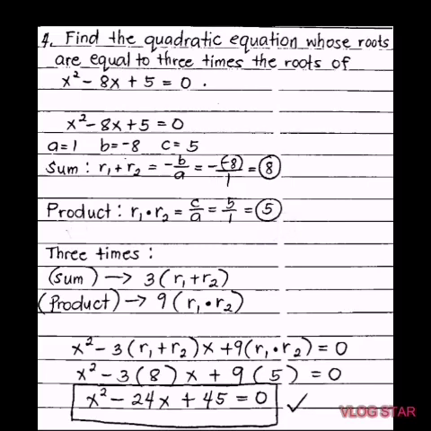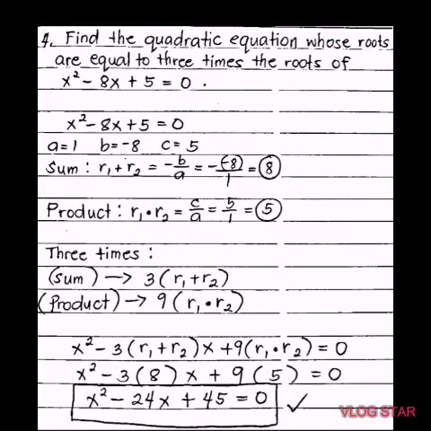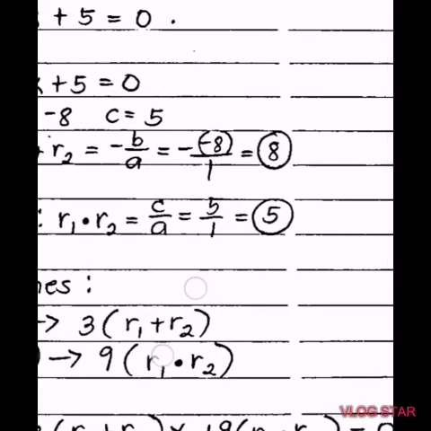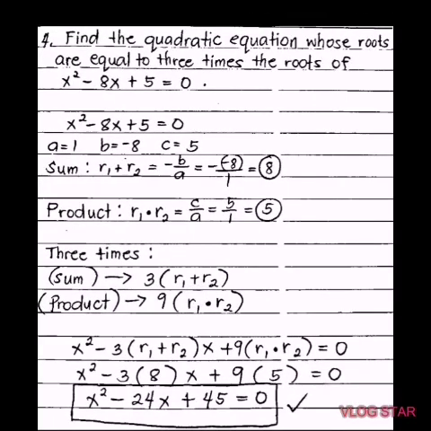Okay, so the problem says the roots are equal to 3 times the roots. So, 3 times the sum, 3 times the product now. Since it is 3 times, from the word 3 times, for the sum we have to write 3 times the sum, represented by r sub 1 plus r sub 2.